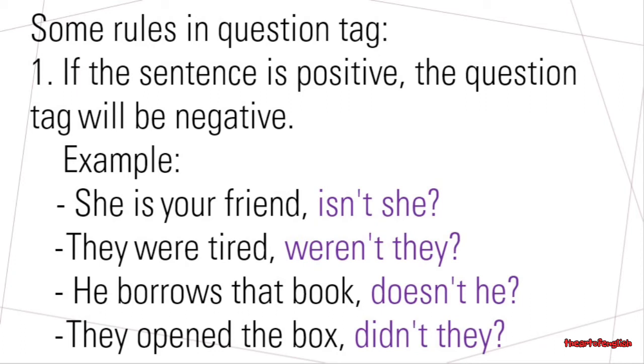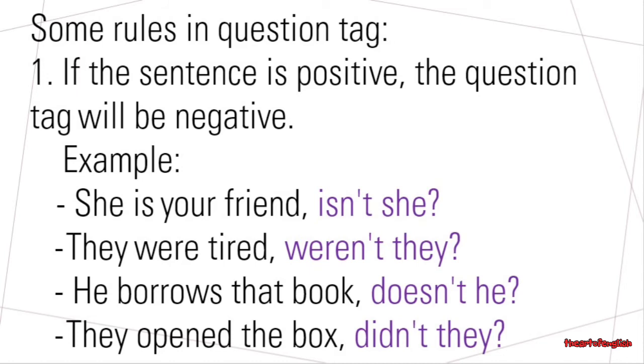The next one: he borrows that book, doesn't he? This sentence is in present tense. Because there is borrows, that's the verb, we change borrows to doesn't, and then the subject, he.